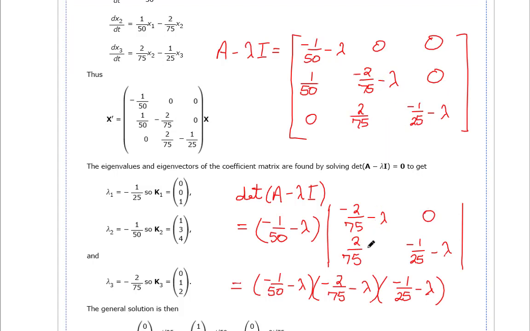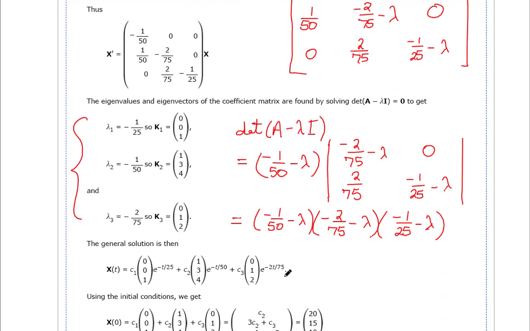But the upward diagonal of it is 0. So essentially I already have my product. And so that's how they got these 3 eigenvalues. You can do exactly what we did before to figure out k1, k2, and k3. Those are just the eigenvectors that correspond to that eigenvalue.